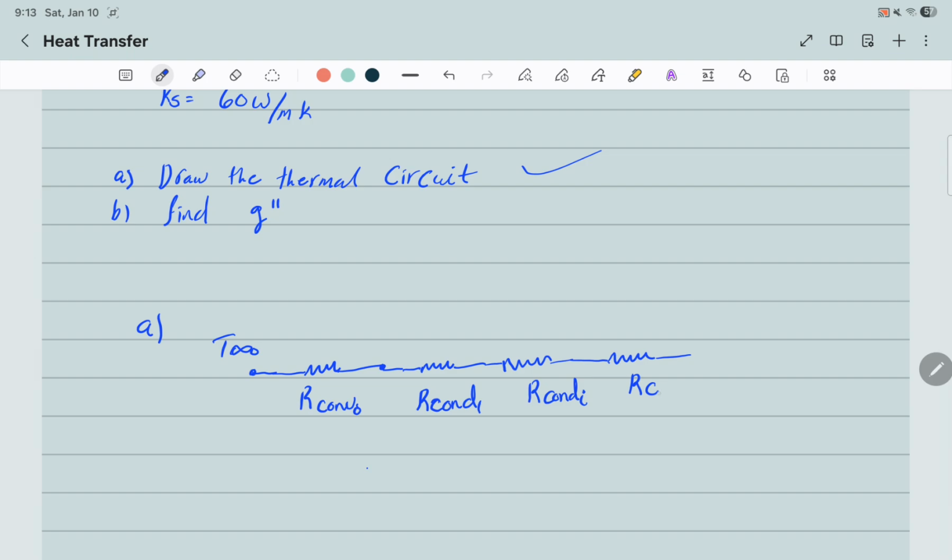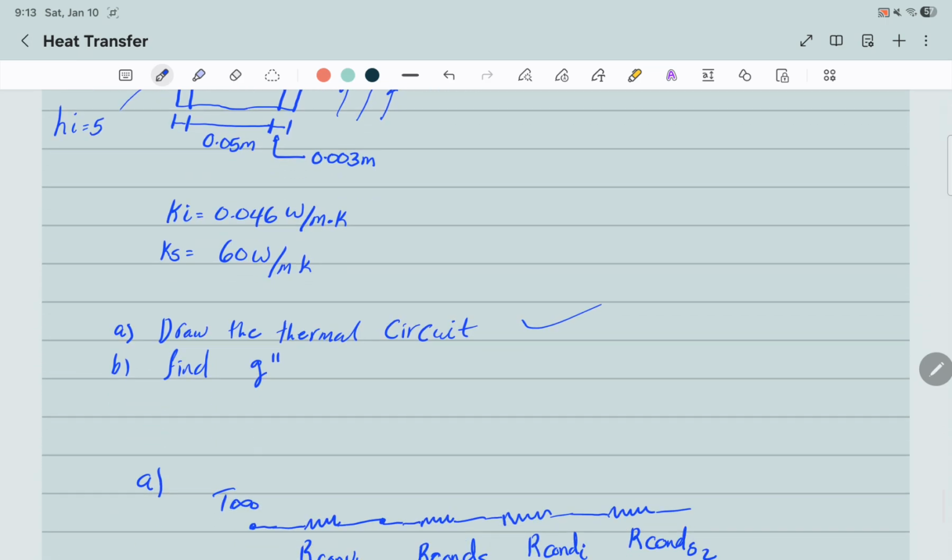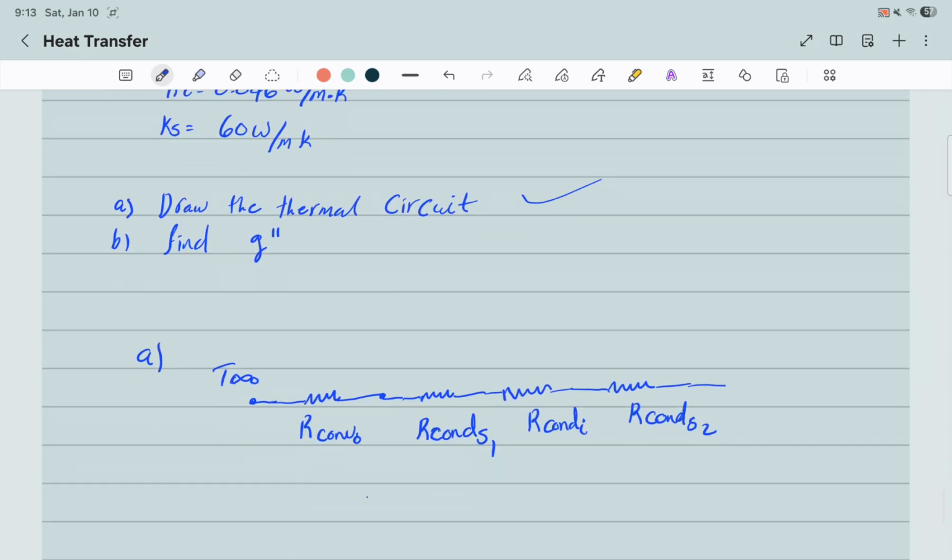Again, some of that heat is lost to the second steel plate through conduction. This is steel plate 2. This is steel plate 1. And then finally, some of it is lost to the inner convection, which is inside the fridge. Second convection.